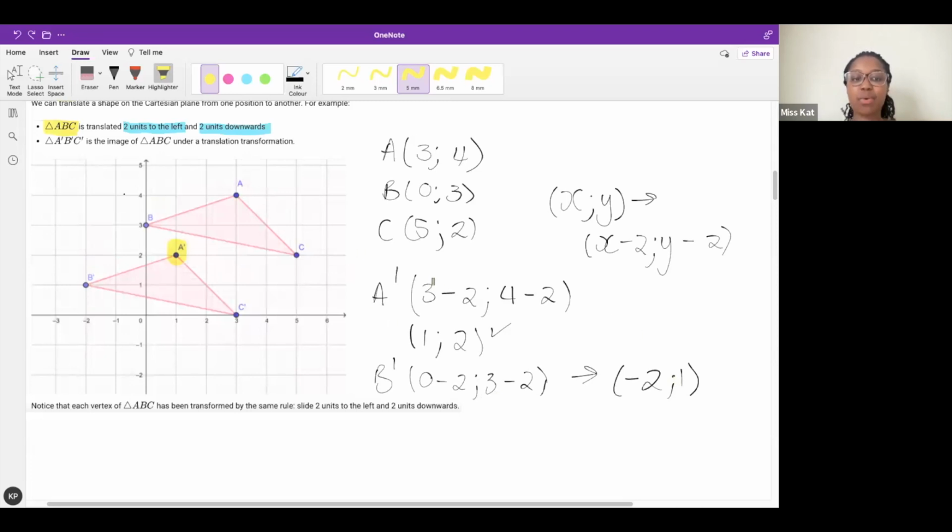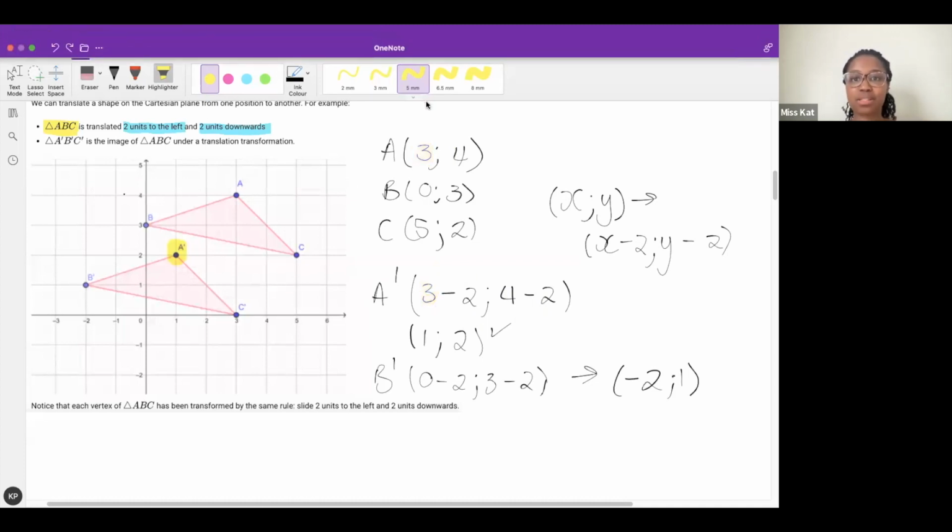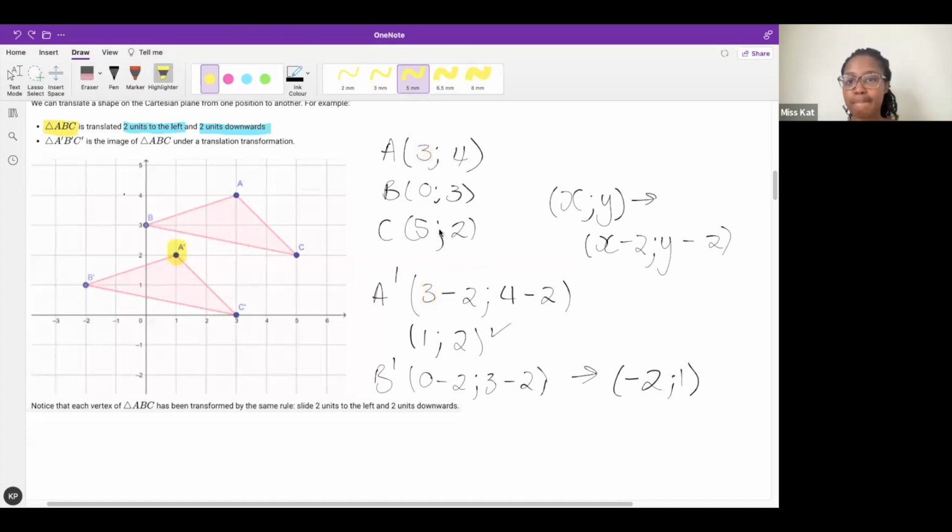And we said take whatever A is and subtract 2. Isn't that our rule? So if A was 3, you take that 3 and subtract 2 to get your new coordinate. And look here, y was 4, so we take that 4 and subtract 2. Do you see? Yes, ma'am. Wonderful. I hope it makes better sense. Thank you. You're welcome.